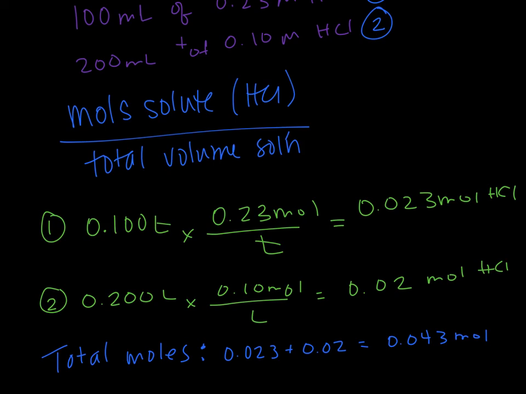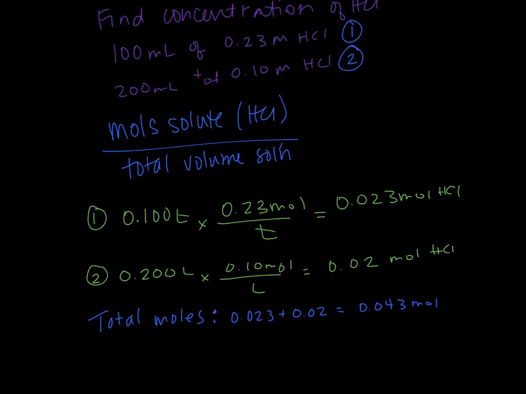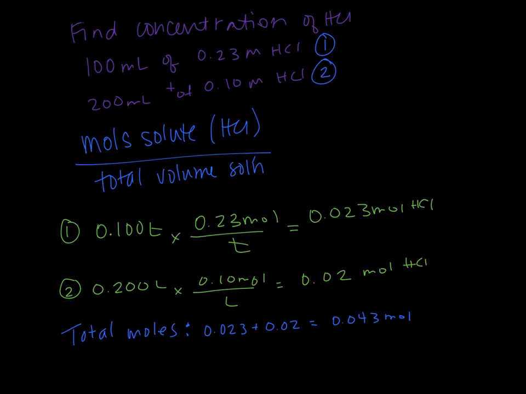And we expect the concentration of this solution to be right in between, somewhere in between these two solutions, okay? Probably closer to the 0.1 because we're adding more of the 0.1.